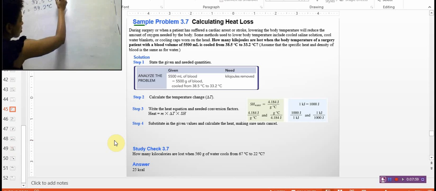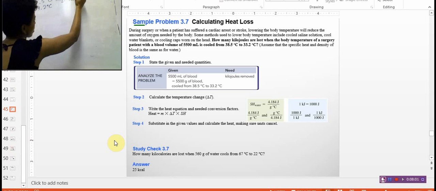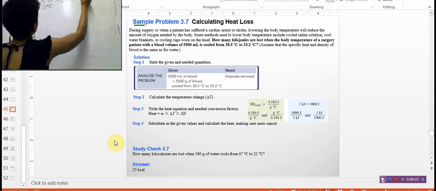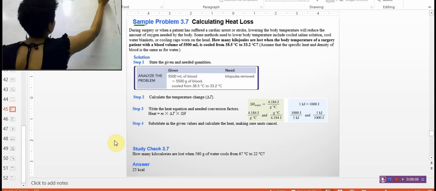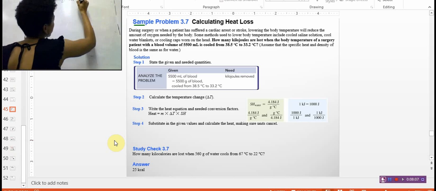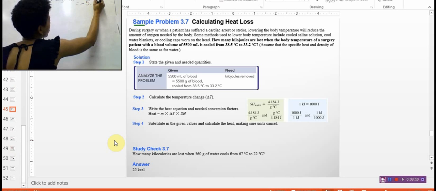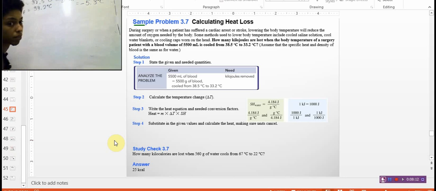So delta T is 33.2 degrees minus 38.5 degrees. That's going to give us a negative 5.3 degrees Celsius.